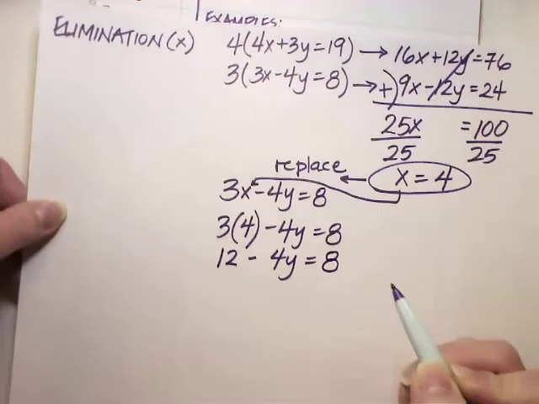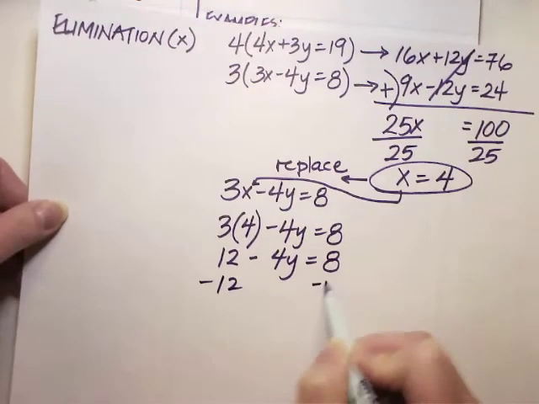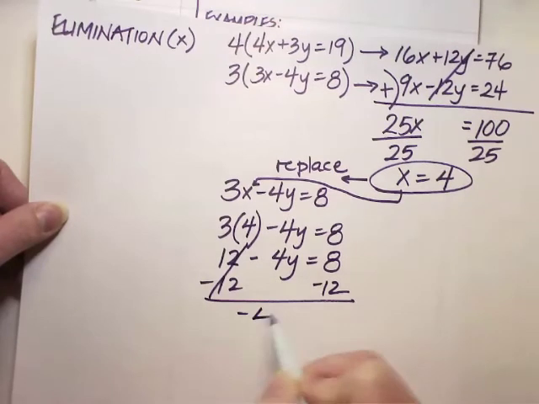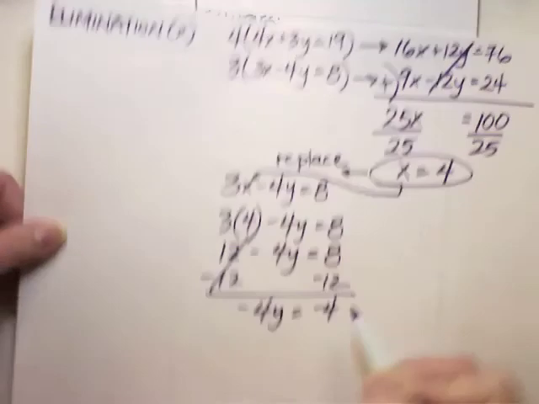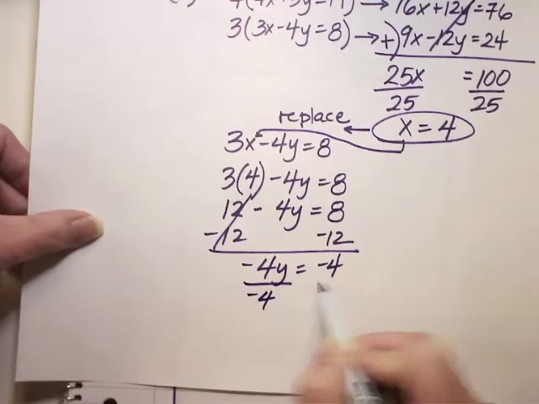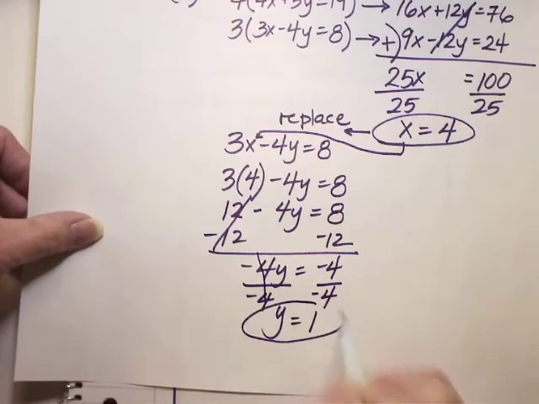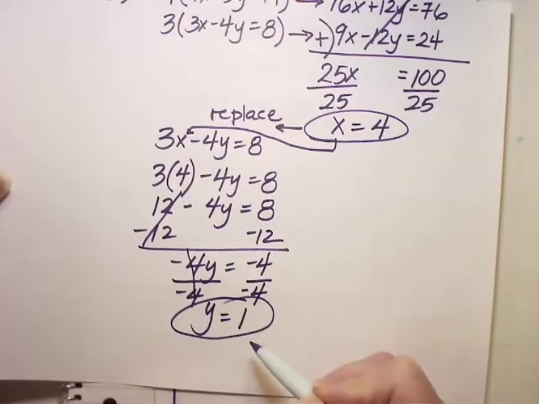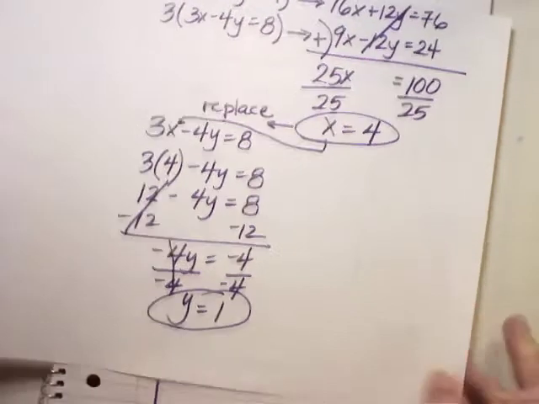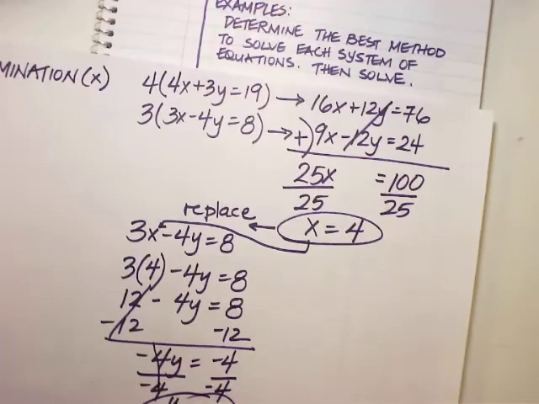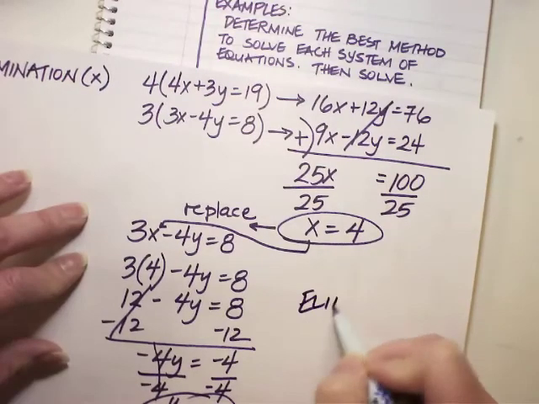And of course I want to isolate my variable, so minus 12 on both sides. So I get negative 4y must equal negative 4, and divide by negative 4 to get my y all by itself, so y equals 1. So now that I have my x and my y, I can answer the actual statement. It says, determine the best method. I did that. Elimination.